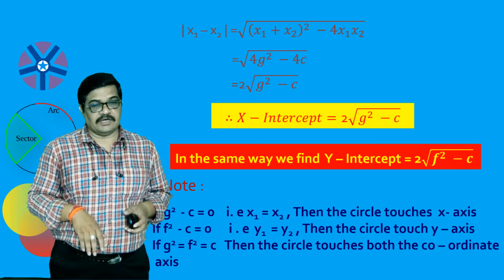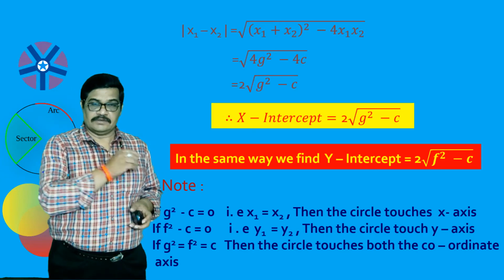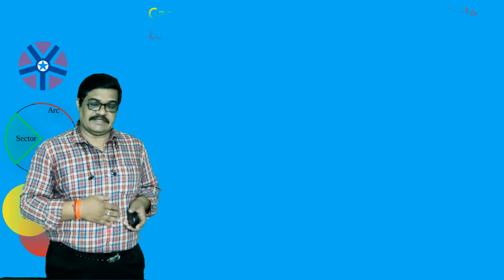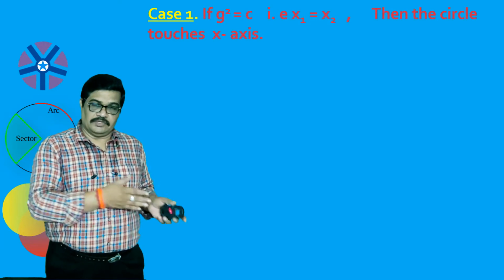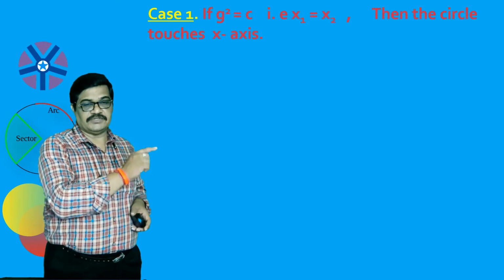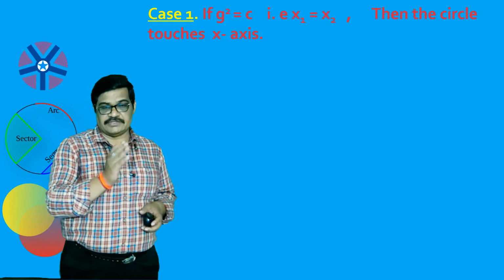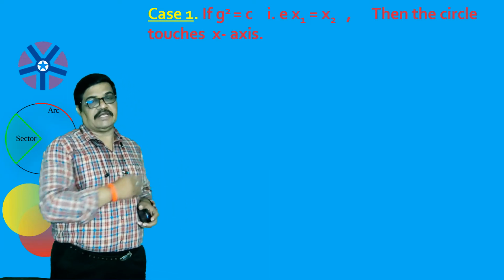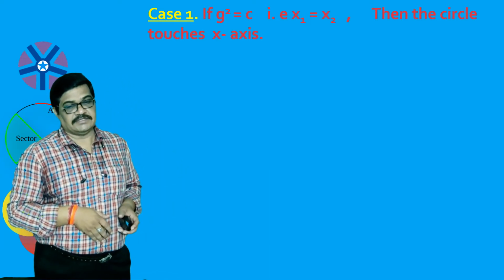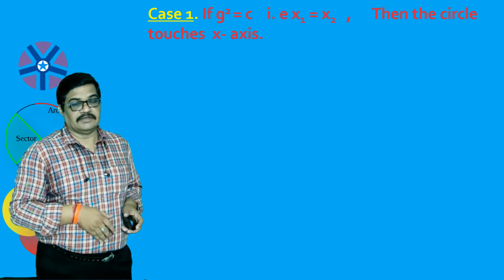Okay, next one. See the cases in the diagrams above. If g square is equal to c, that is x1 is equal to x2, then the circle touches the x-axis. See the diagram here.